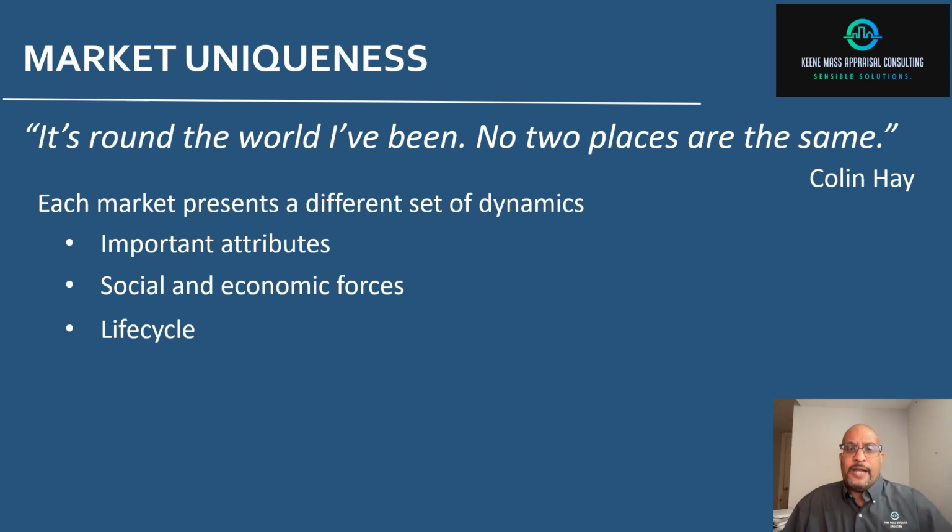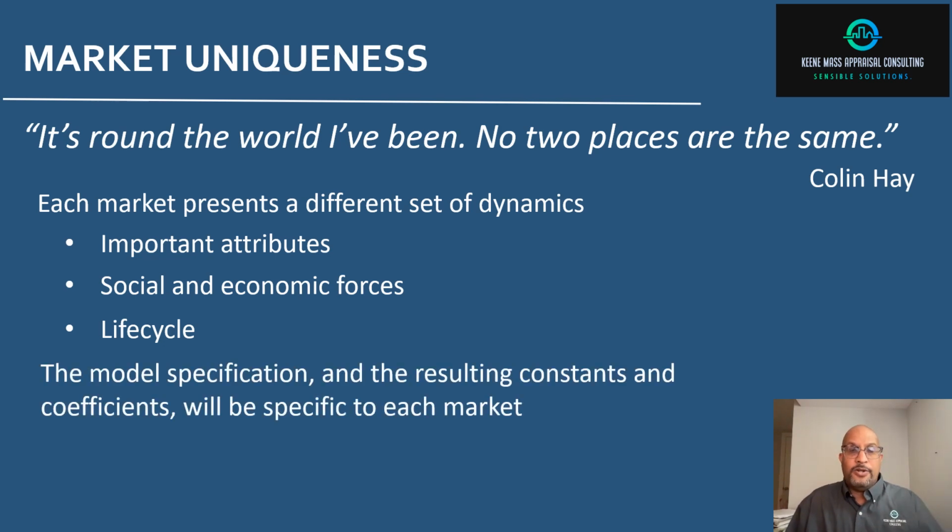So the life cycle of the area or the region may also present a unique set of circumstances. And in all these cases, the model specification and the constant and coefficients that result should be different and specific to each market.